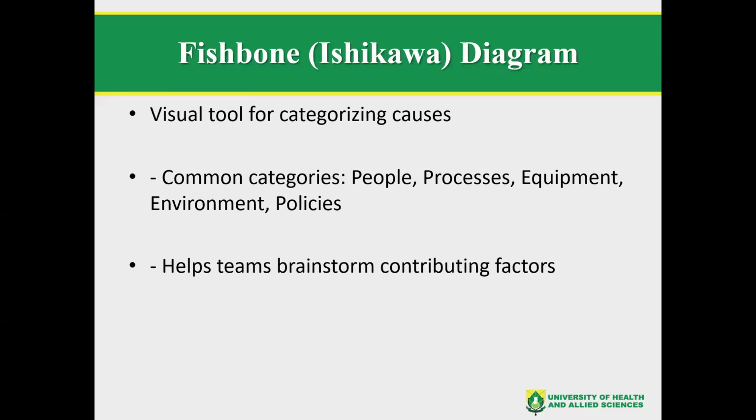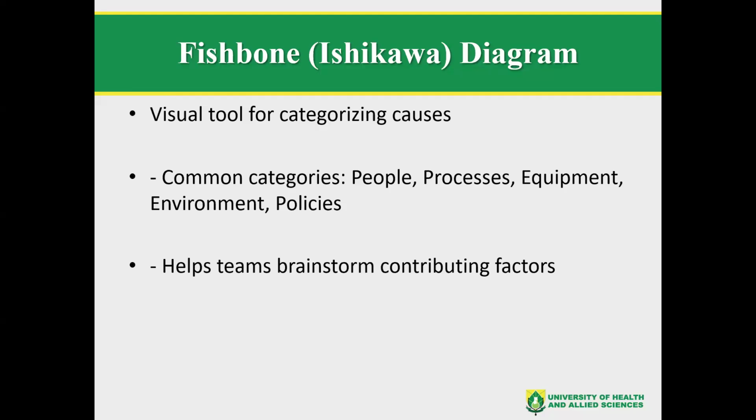Now, the fishbone analysis I mentioned is also one of the tools that we use. It's a visual tool for categorizing causes. Common categories here include people, whether the cause is with people, or with the processes or the equipment that you are using, or whether the problem is coming from the environment in which we operate or the policies that guide what we are doing.